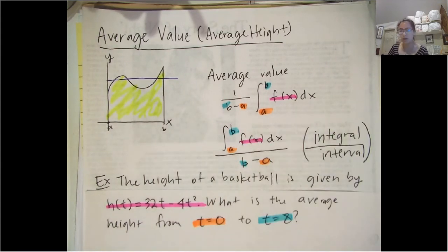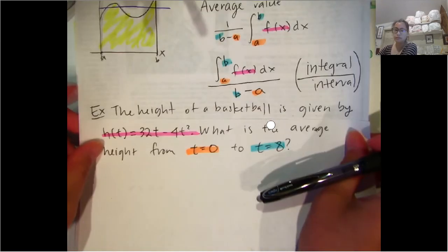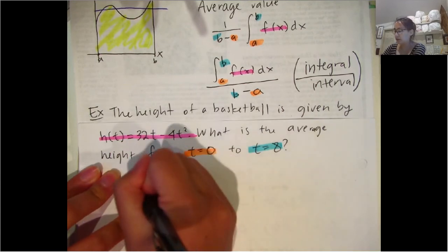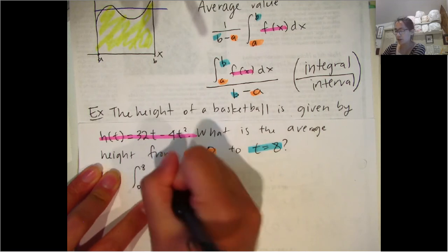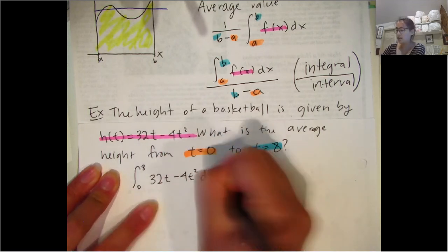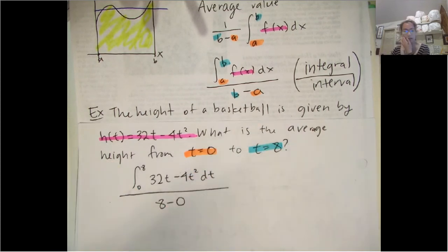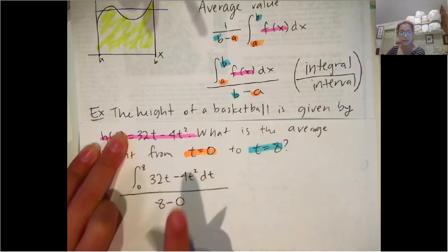Okay, and so we'll go ahead and plug this into our formula then. So we have the integral from 0 to 8 of the function, which is 32t minus 4t squared dt, all divided by 8 minus 0. And when we're simplifying this, of course, 8 minus 0 is just 8, but we want to evaluate this definite integral. You know how to evaluate this definite integral.